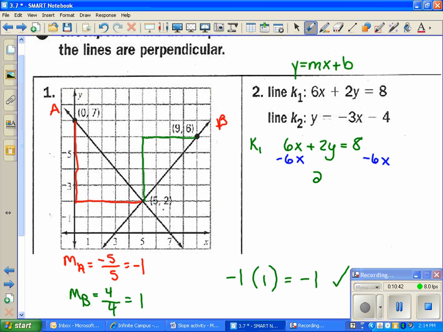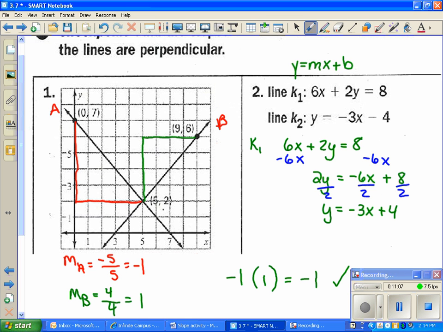Bring down your positive 2y equals, you always write the x first, plus the number. And it's a positive 8, that's why I need to add. Then we get y by itself by dividing by 2. And I get y equals negative 3x plus 4.